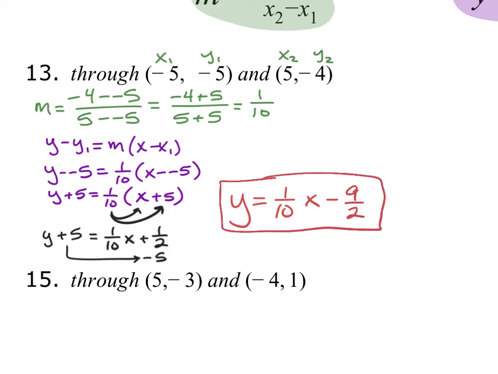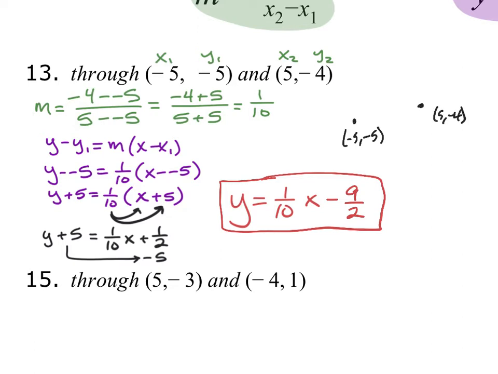Now, of course, we can check and make sure that this equation has the right slope, and if it goes through those 2 coordinate points. So what I would do on Desmos is I would plot those 2 points. So like type them in on Desmos, -5, -5, and 5, -4. They'll show up something like this on your coordinate plane.